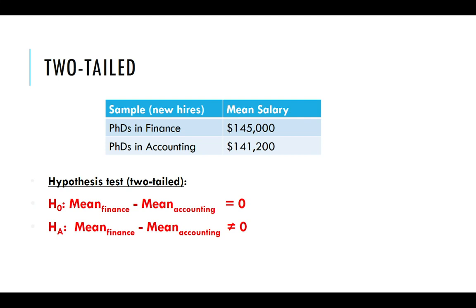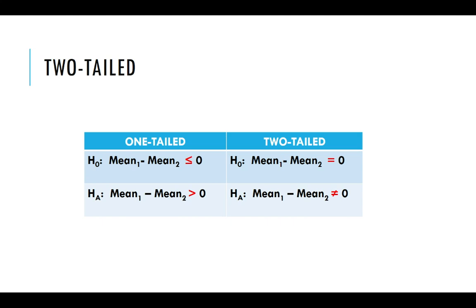All right? Now, let's compare the one-tailed and the two-tailed test side by side so we can simply see the difference. Do you agree that the only difference is in the inequalities, right? The two-tailed test is easy because it's either they're equal or they're not equal. The means are equal, mean 1 and 2, or they're not equal. So on the right, that's why we just have the equal and the not equal sign. But on the left, with our one-tailed test, because they are directional, I have to put in my alternate hypothesis.